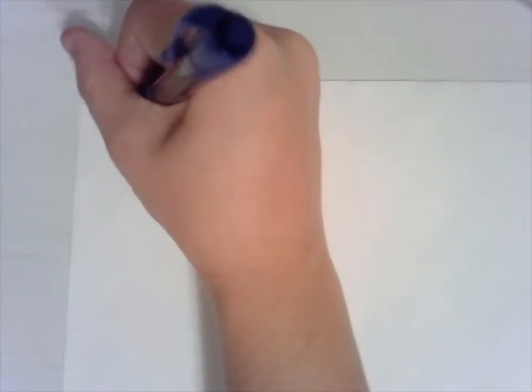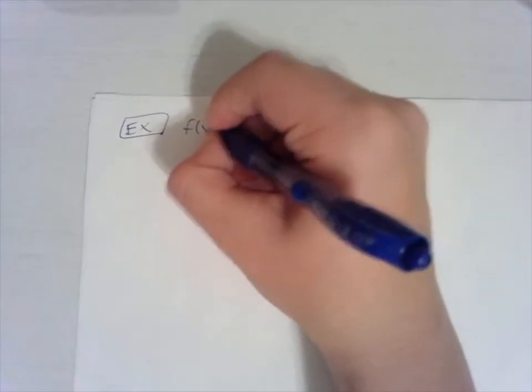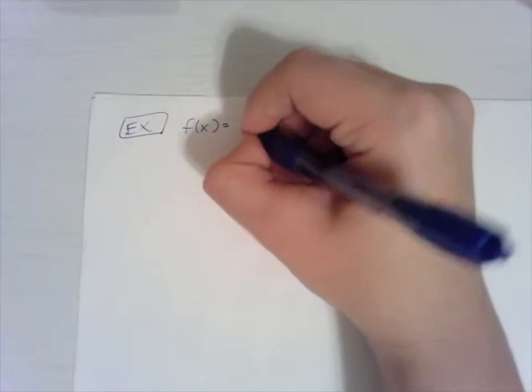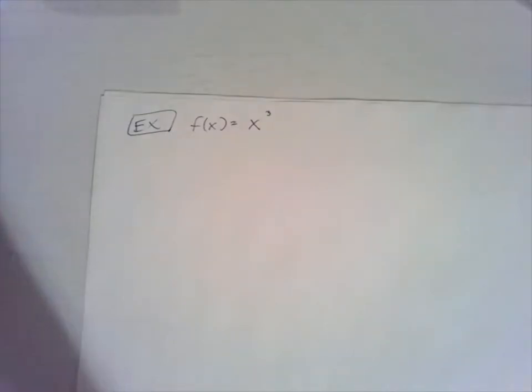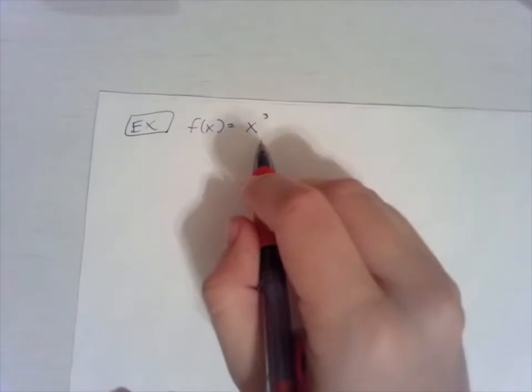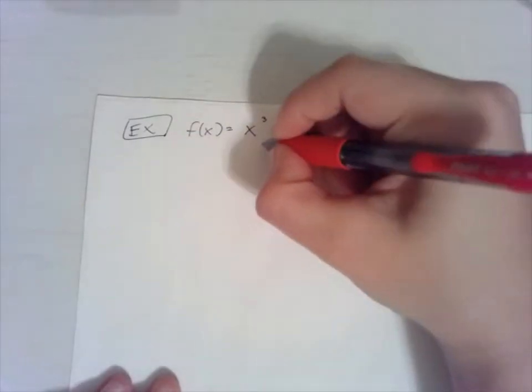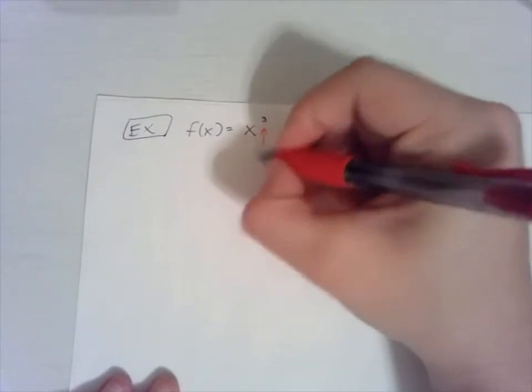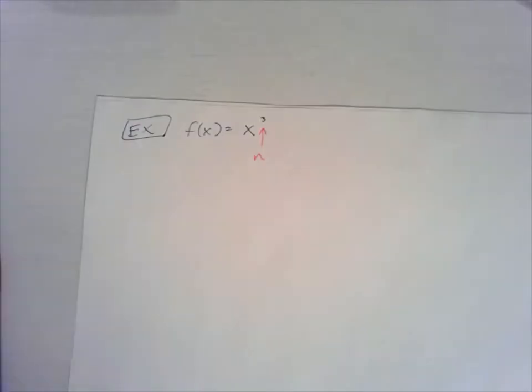If we were to have the function f of x equals x to the third, let's identify something. If we're using the power rule to help us, this little 3 right here is our n value.